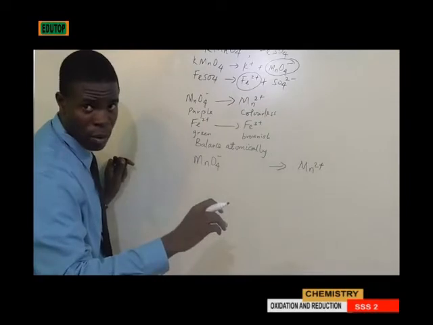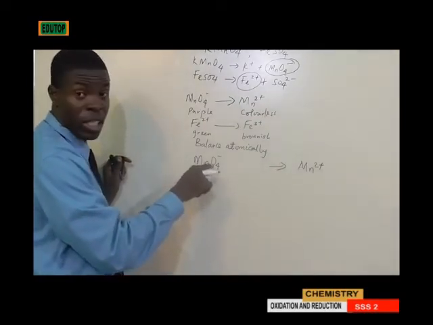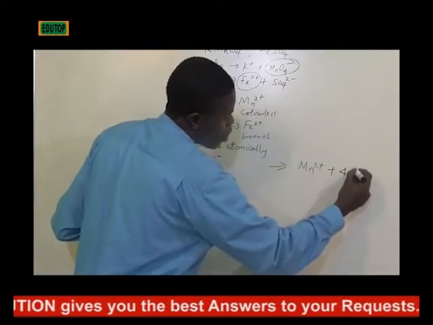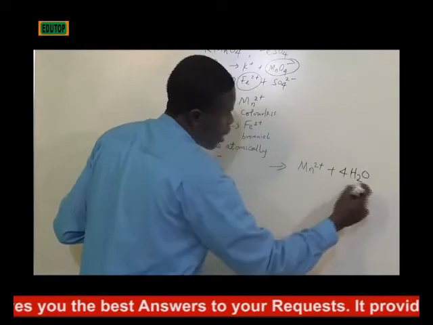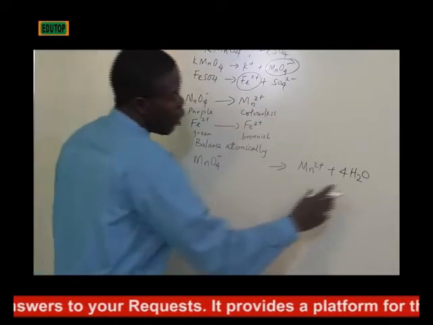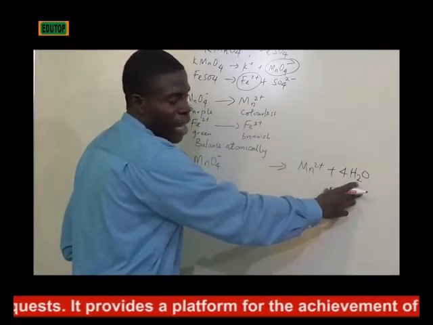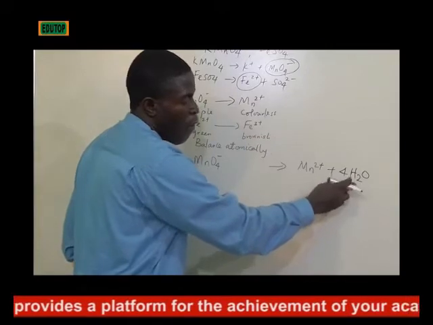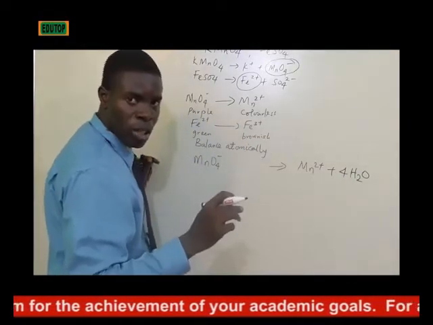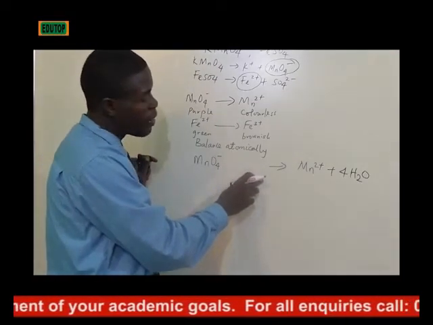Water. So since we have 4 oxygen here, automatically we are going to have 4 moles of water. And when 4 moles of water is added, it is evident on the right hand side that we have 8 atoms of hydrogen, which must be balanced with protons on the left hand side.